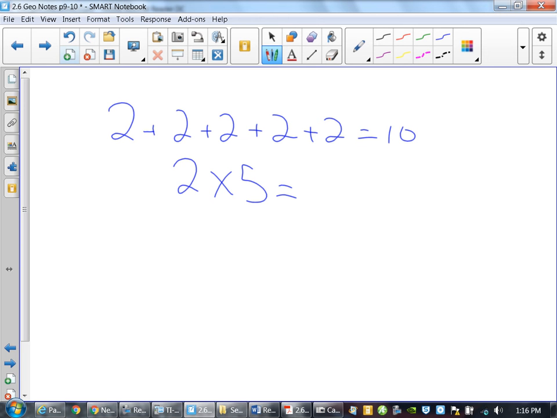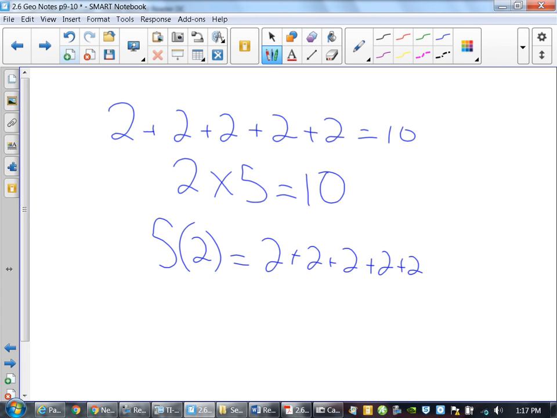Multiplication, remember, is repeated addition. So multiplication is your repeated addition step. So if I have those 5 2s, that means it's 2 plus 2 plus 2 plus 2 plus 2.